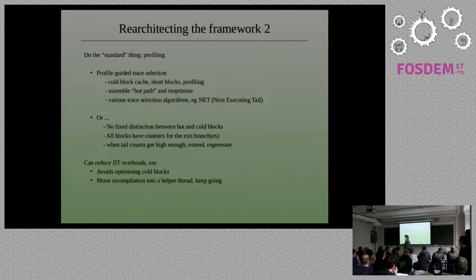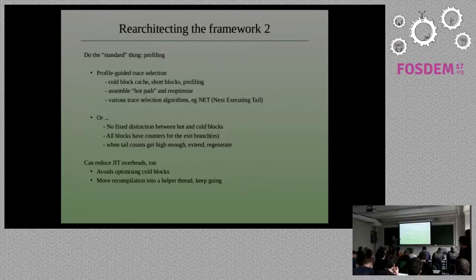So the traditional thing would be, for example, to do a not very optimized translation of each block as we come across it and add instrumentation to it to see how often it's executed, and in particular what happens at the conditional branches that are at the end of most blocks.